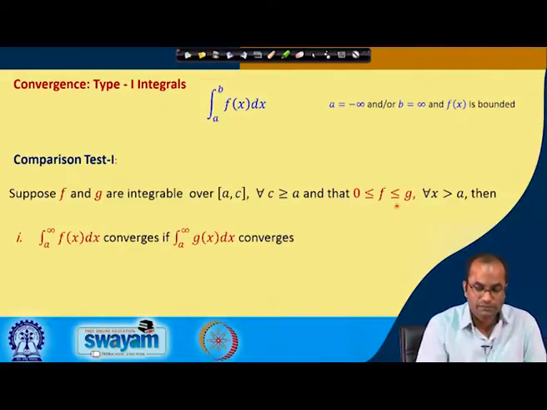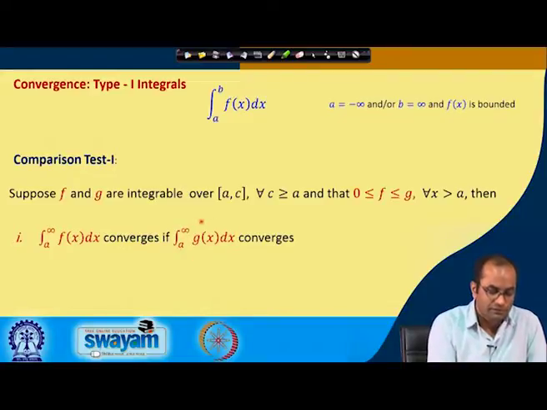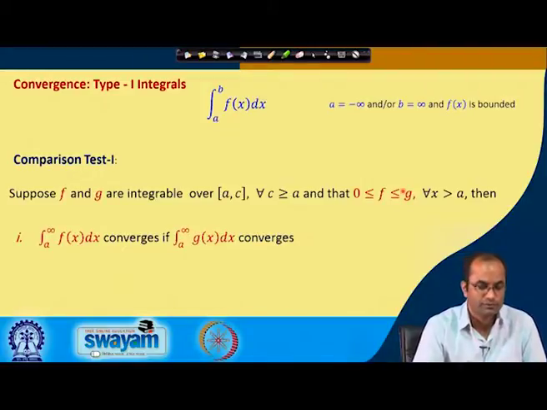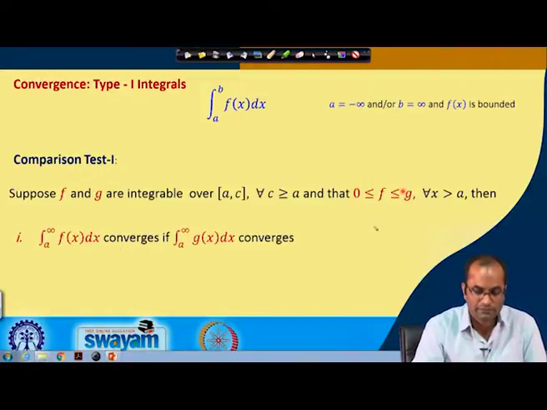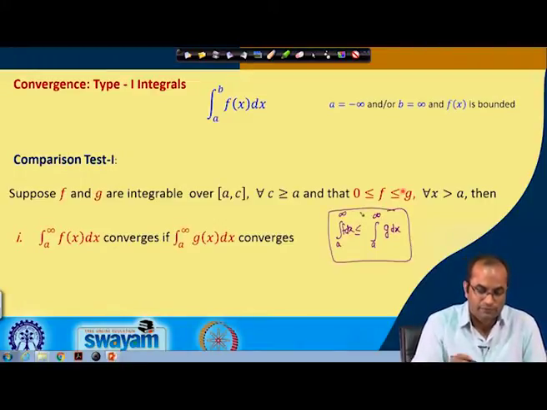So, what is this integral? g is taking larger values than f, so the integral of g is the bigger integral. We have the relation that the integral of g will have a larger value than the integral of f dx, over whatever range we are talking about, like a to infinity and a to infinity, if these integrals exist.